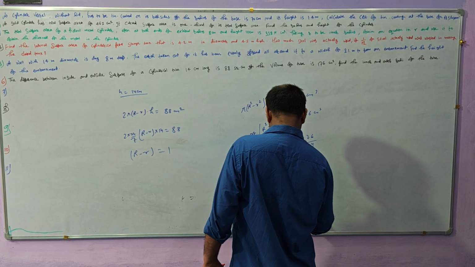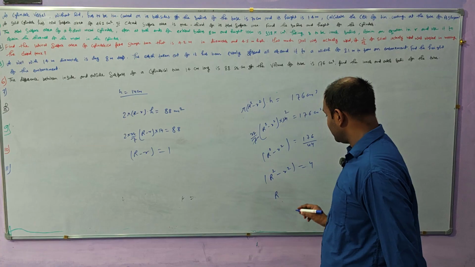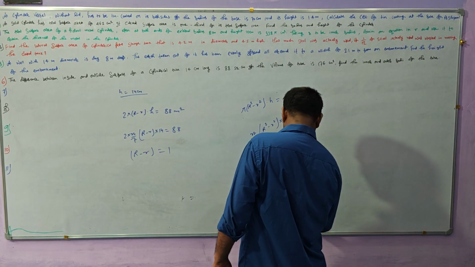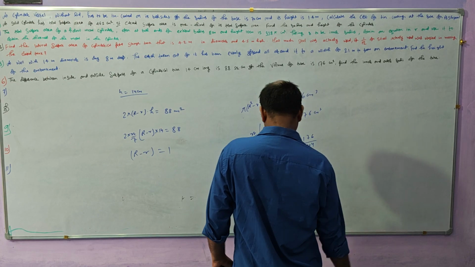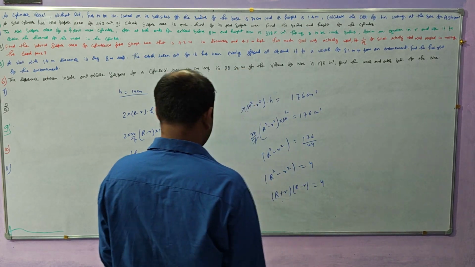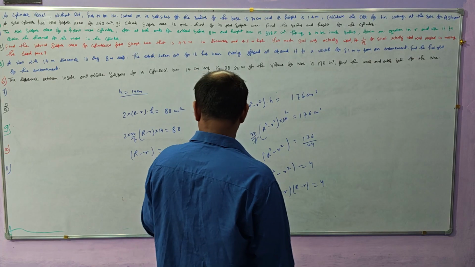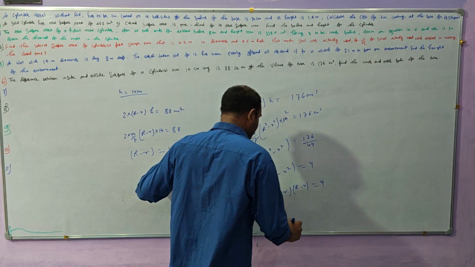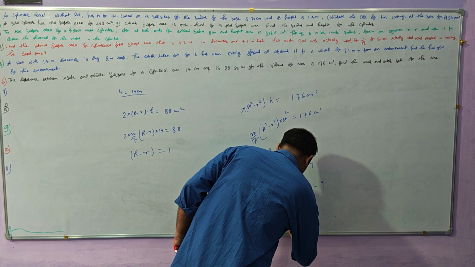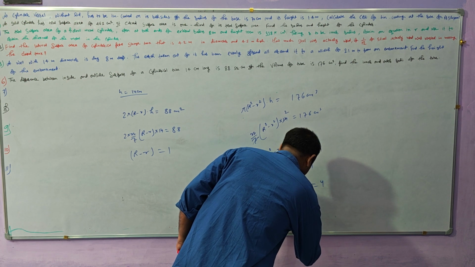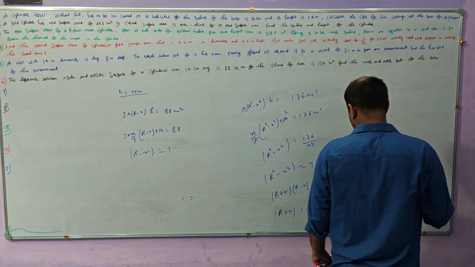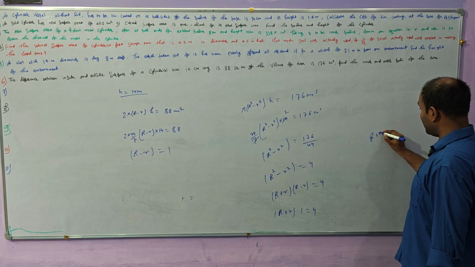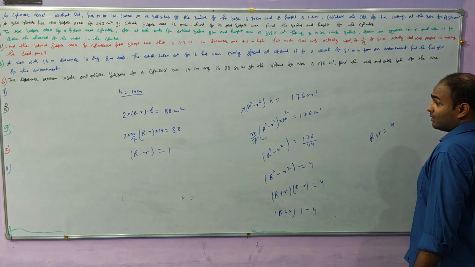So we can easily write R plus r into R minus r is 4. And we have R minus r is 1, so R plus r into 1 is 4. So R plus r is 4.